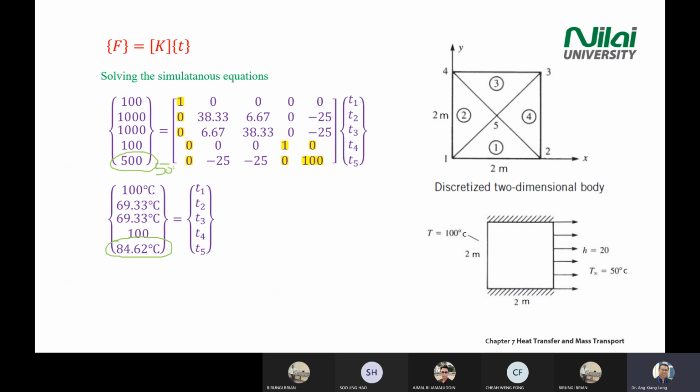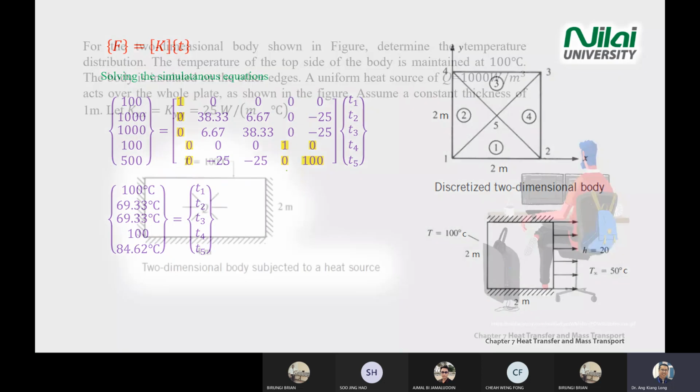Then the value is not 84, it is something else, because 84 is based on the 500 value. So take note, however, the steps are the same. This is how you solve it. You get temperatures 1, 2, 3, 4, 5 at those 5 points.